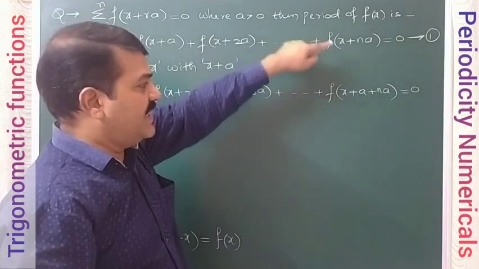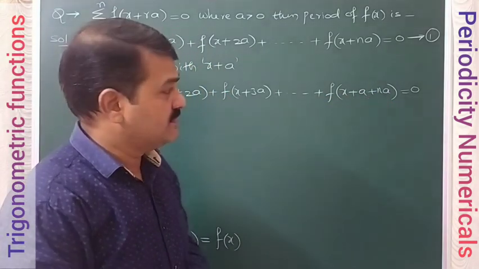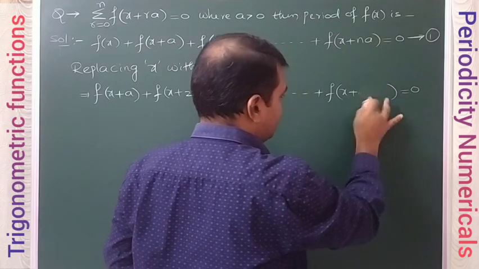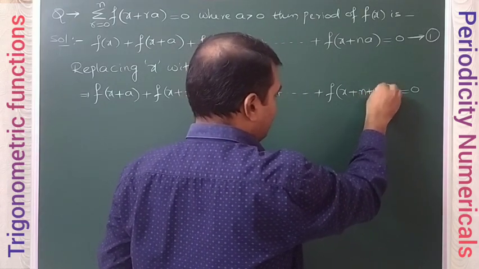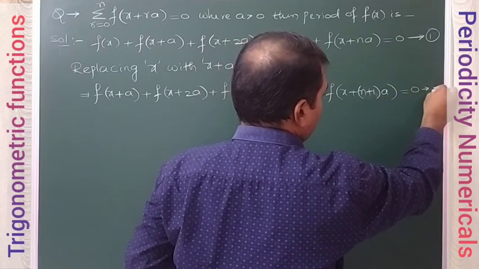So this is actually x plus n plus 1 into a. So I will write like this. Taking a common, I will write this as n plus 1 into a. So let me take this as equation 2.